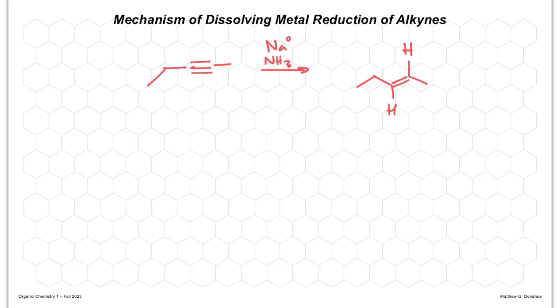So mechanistically, what happens, the sodium metal, the little naught sign means it's elemental sodium, so it has that extra electron. That electron we're going to think of as being nucleophilic, so it will add into the double bond.